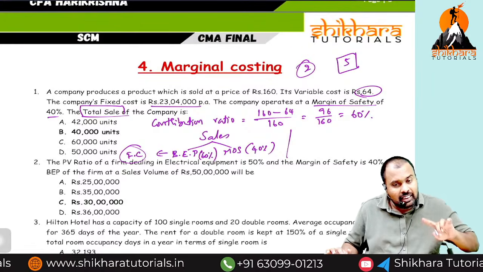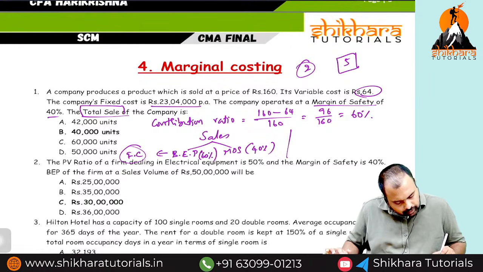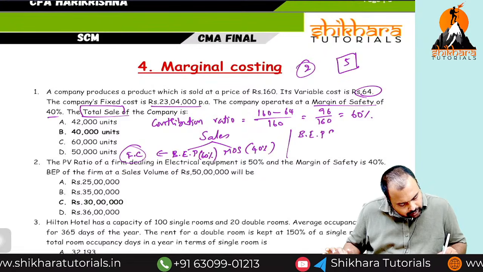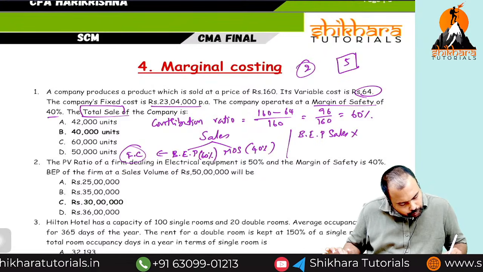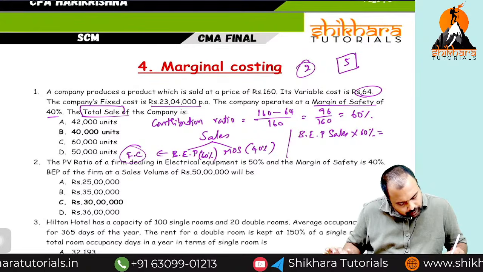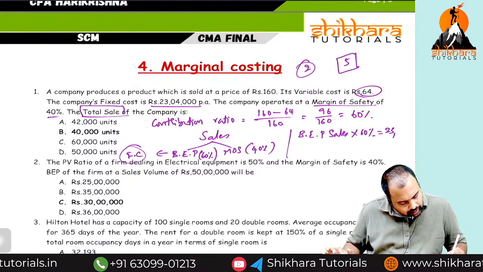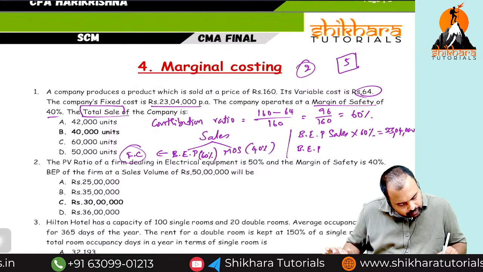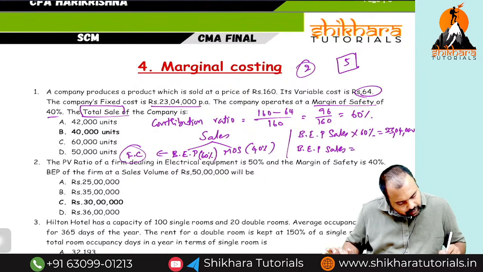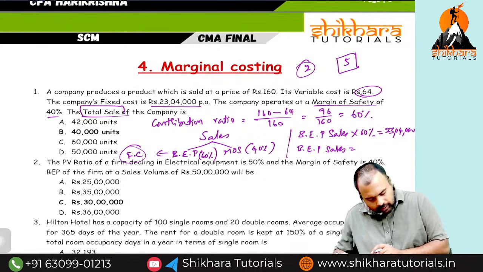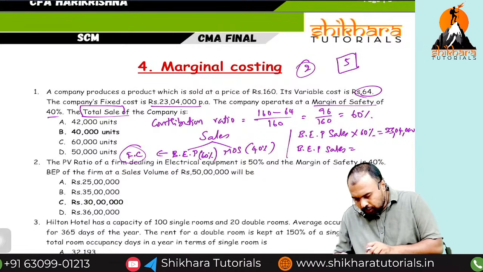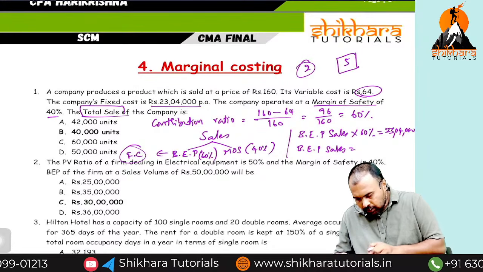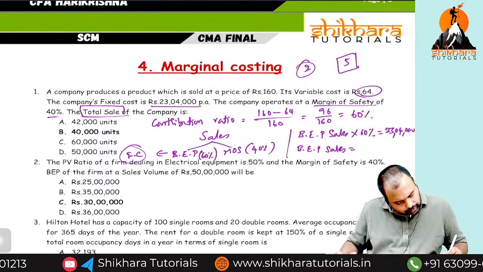What are the sales which are covering fixed cost? That's nothing but break-even point sales into 60% PV ratio is equal to 23,04,000. Then what about break-even point sales, sir? Break-even point sales is equal to 23,04,000 divided by 60%, which is 38,40,000.